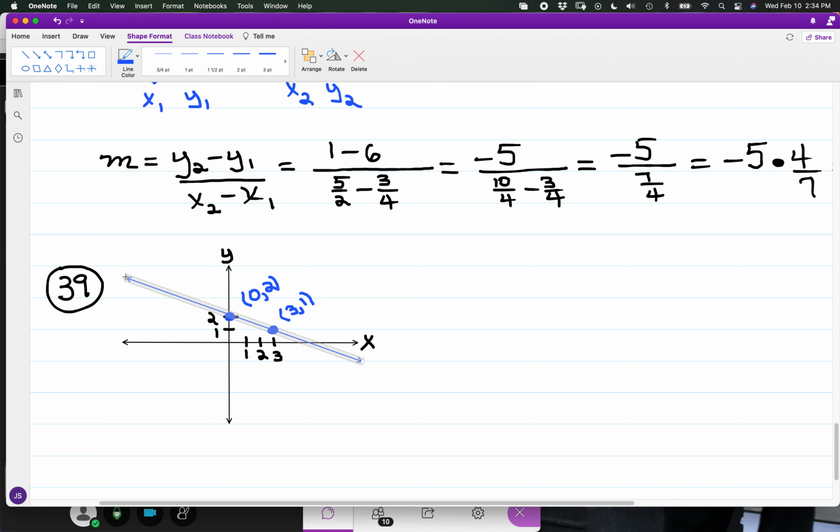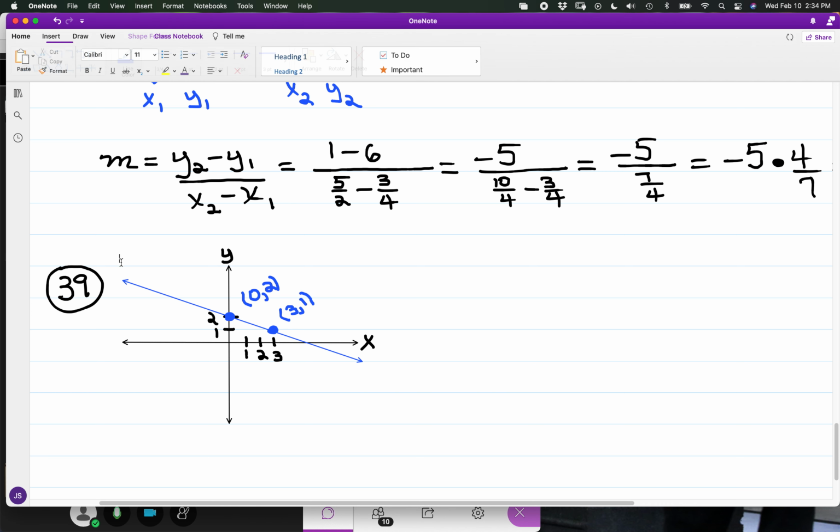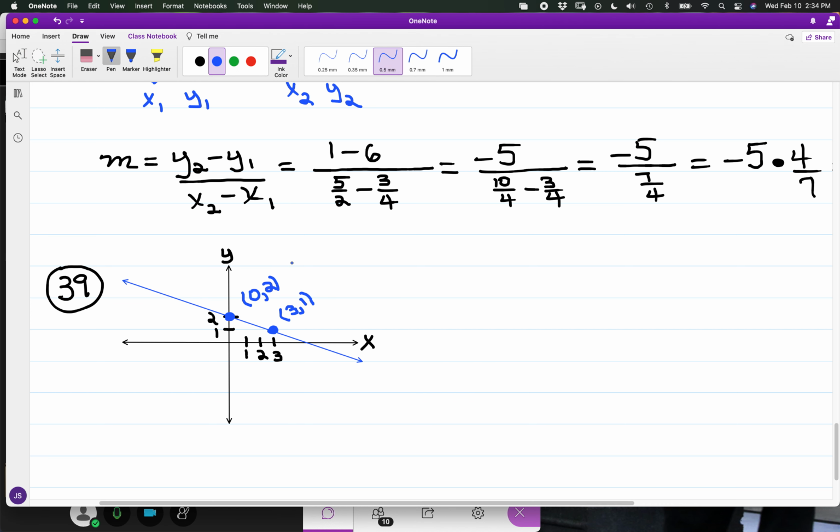And again, you can use the slope formula. You can have a set of x1, y1, x2, y2 terms. Okay, when we say that 0, 2 will be x1, y1, 3, 1 will be x2, y2. But you could also do it where 3, 1 will be the first set, 0, 2 will be the second set.